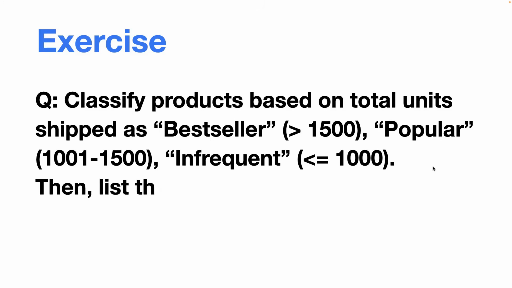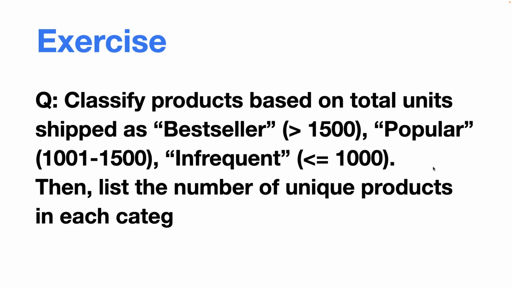Okay. Then after this classification, list the number of unique products in each of these categories. Okay. So this will require you to first do a case statement, and then maybe you can either use some sort of a common table expression, or you can just apply the pivoting technique that we just discussed to show the list of unique products in each category.